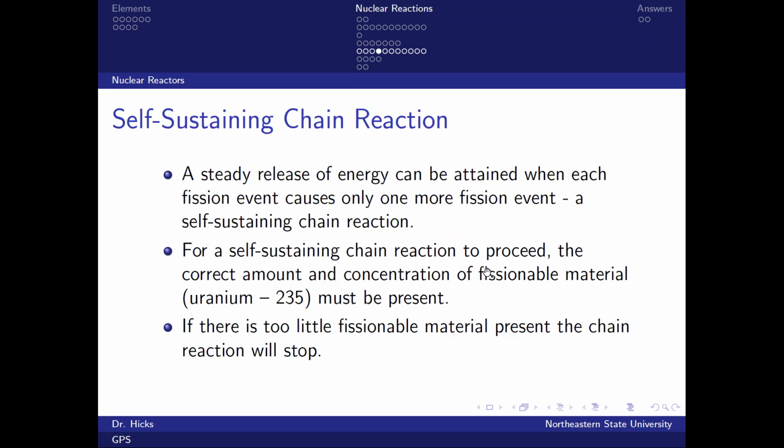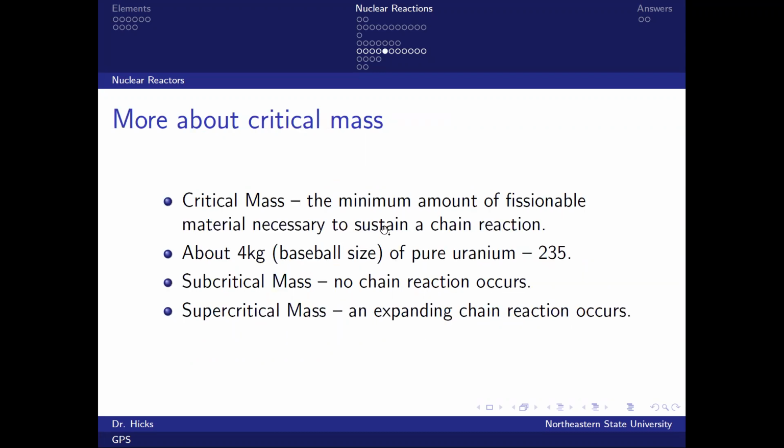So for a self-sustaining chain reaction to proceed, I have to have just the right amount of fissionable material, which is the uranium-235. If I have too little, this chain reaction stops. If I have too much, I can get an expanding chain reaction.